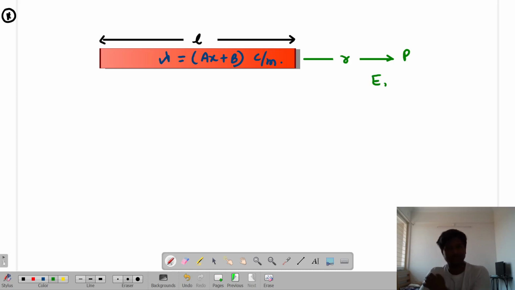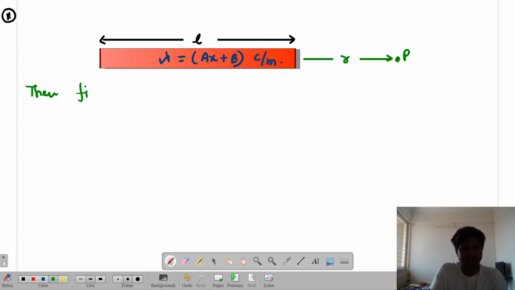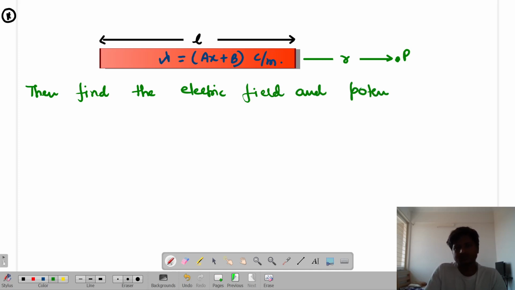Then find the electric field and potential at point P. Got it?